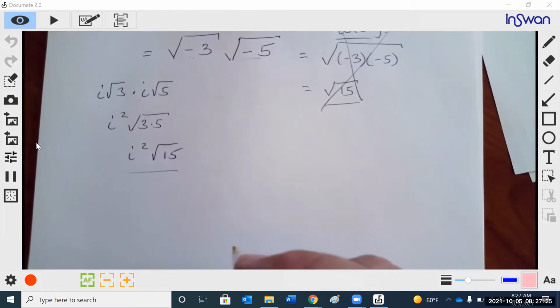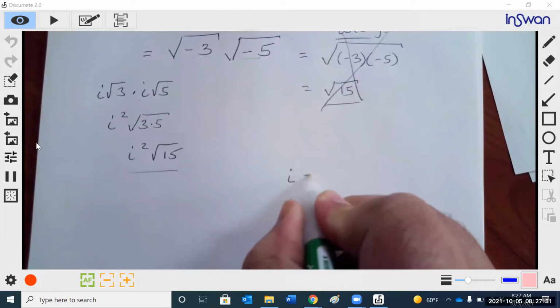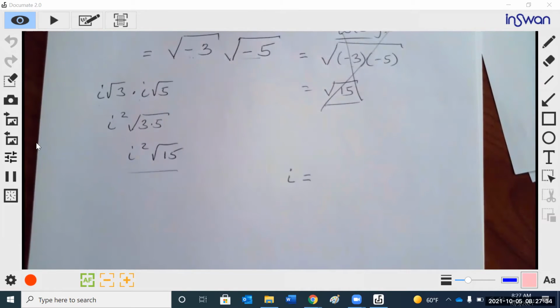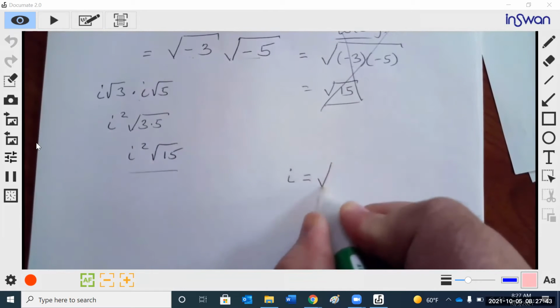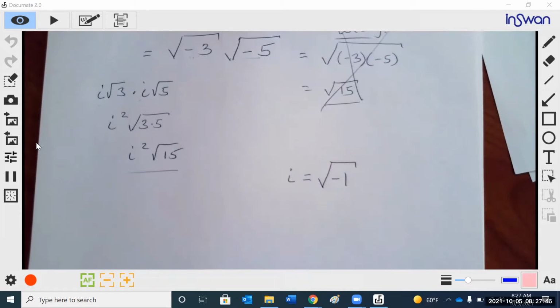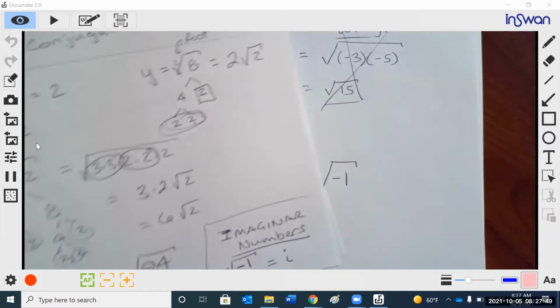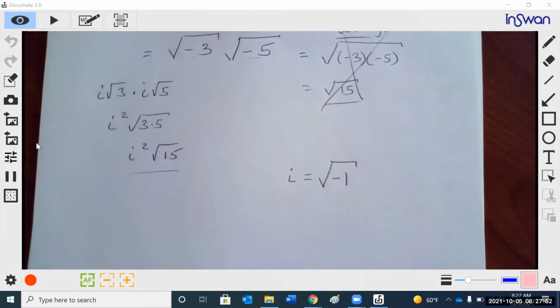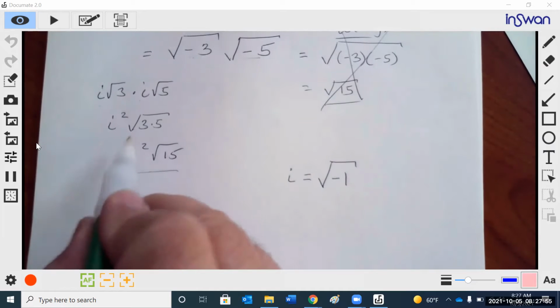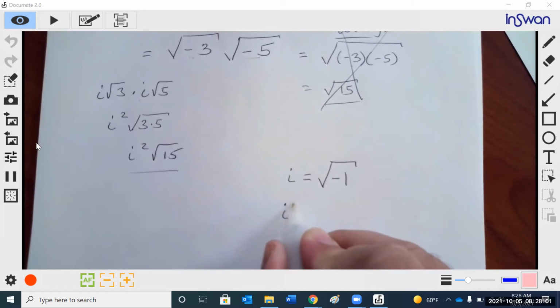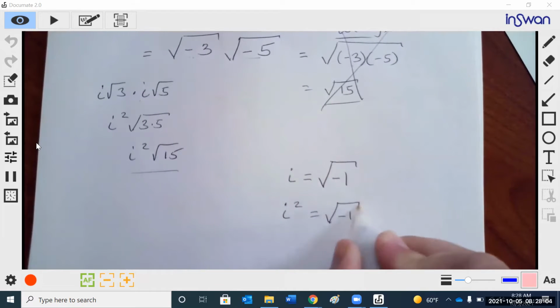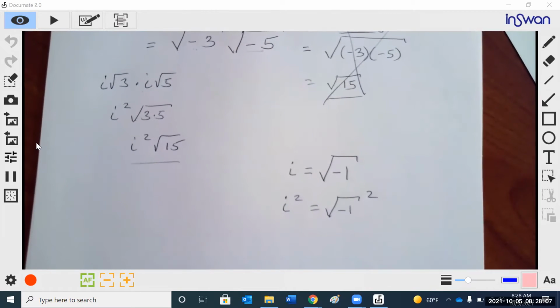So the question I have of you: what does i equal? What's the formula for it? Very good. Radical -1. We had that from the bottom of this first page. i equals radical -1. But we have an i squared here. If I square both sides, what happens?